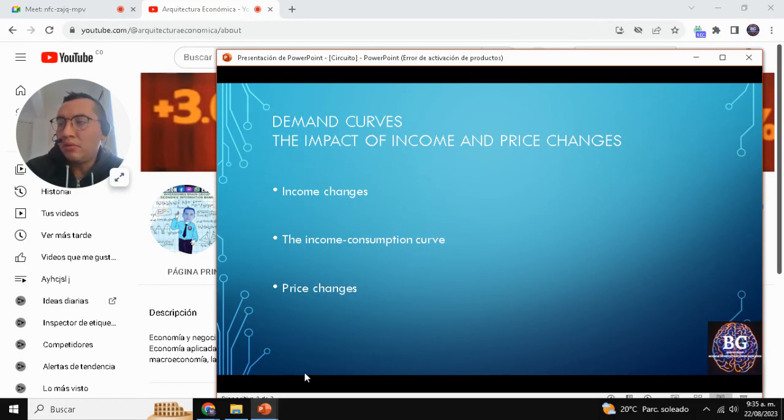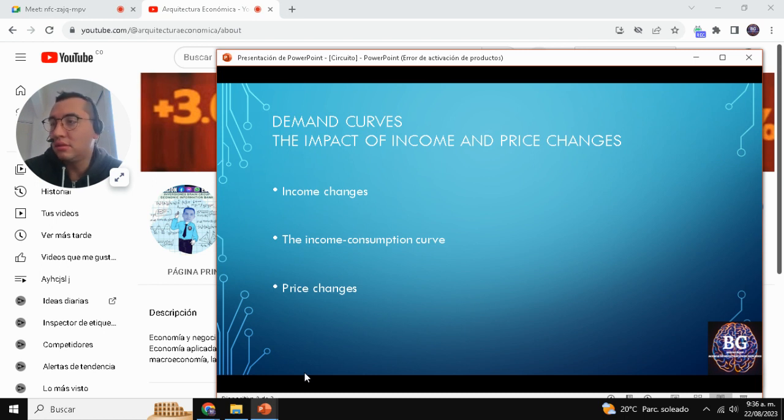Now that we have derived demand curves, we can try to understand various properties of demand by varying income and prices. Income changes explains the classification of goods according to the response of demand to income changes.